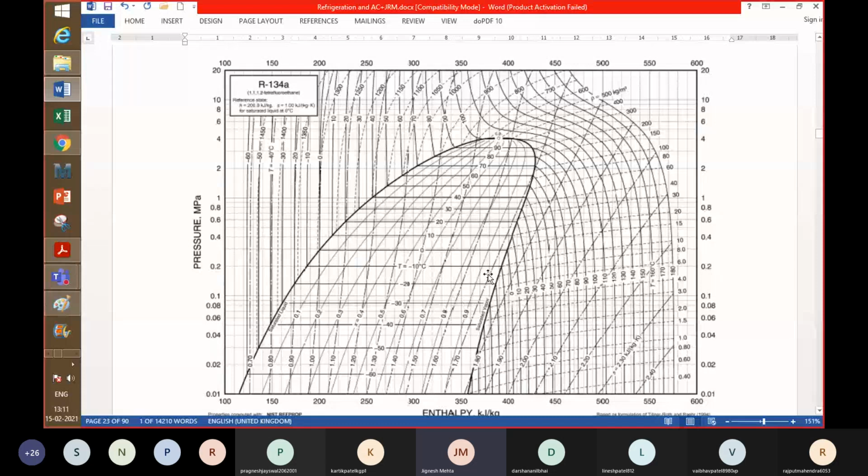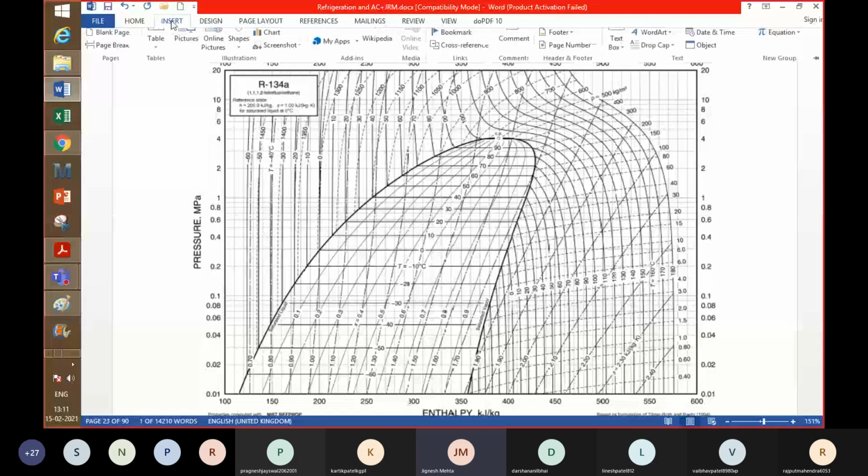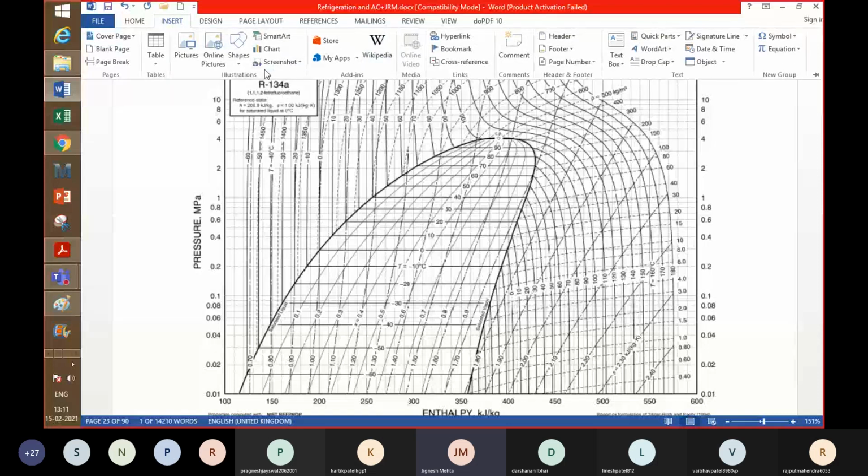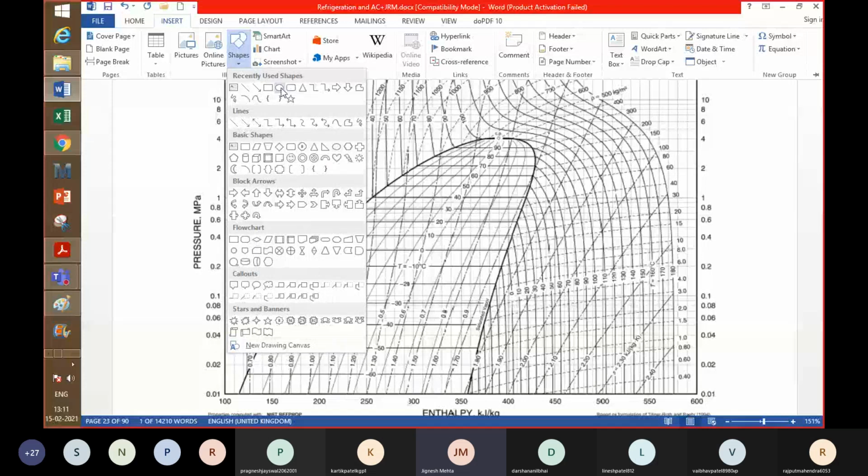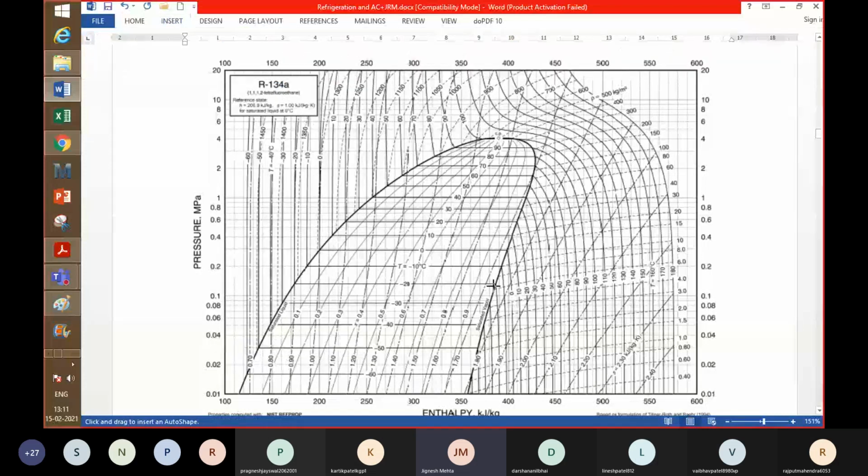So I can put that point on this chart. Okay, so let me put a small circle there, right? Just a dot may not be easy to see. So what you may do is put a dot and then make a small circle over that.